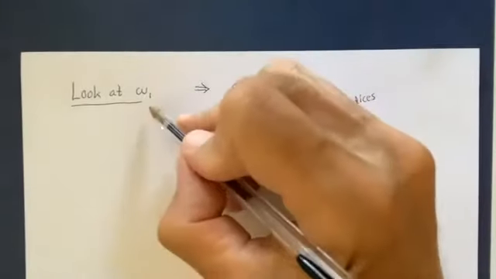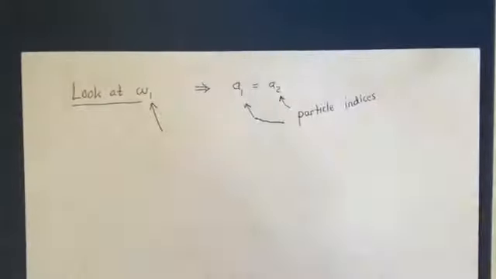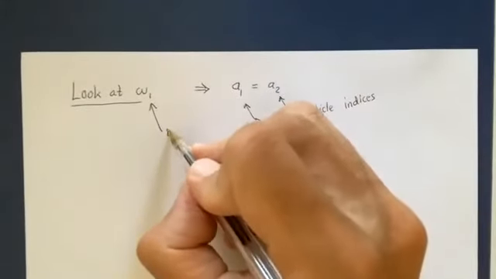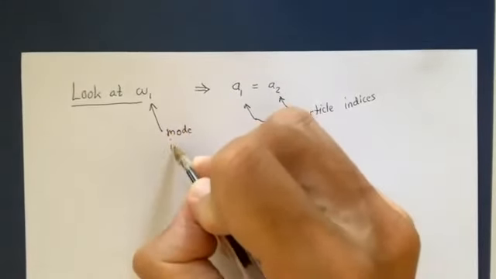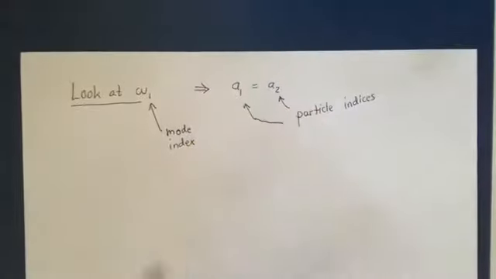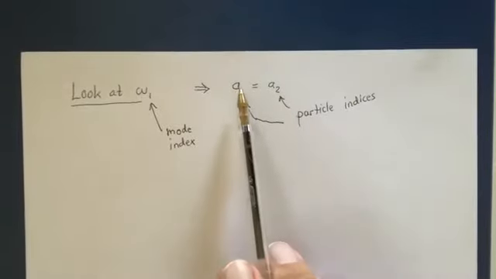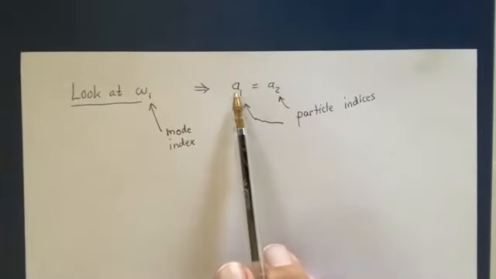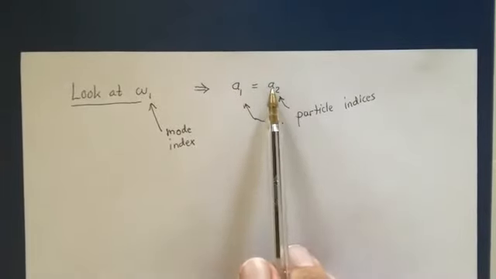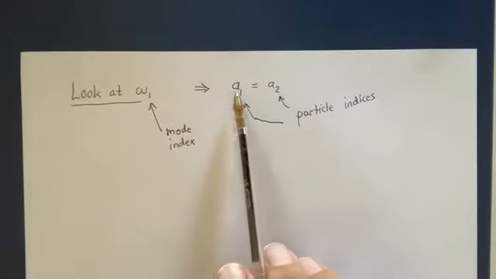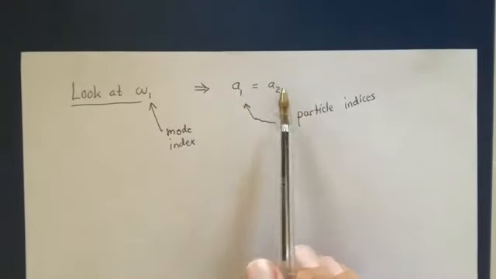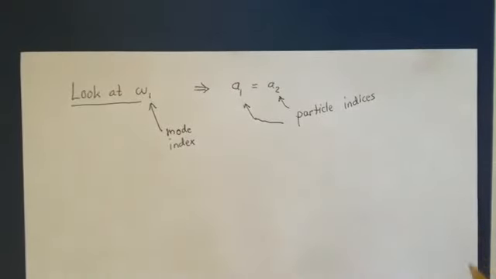All right, and again, that 1, I really want to emphasize, is the mode index. So we're looking at mode number 1. If you're looking at mode number 1, you have these two particles. This is the complex amplitude of particle number 1. This is the complex amplitude of particle number 2. And for this case, by plugging in, you see that the amplitude of particle number 1 must equal the amplitude of particle number 2. And of course, these amplitudes are complex.